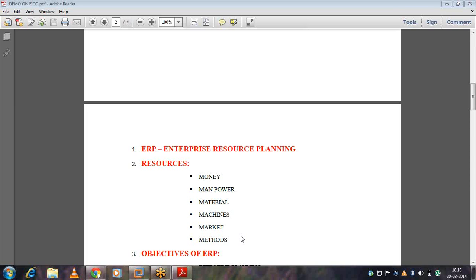Using ERPs, each and every organization can plan the resources effectively. Once the resources are planned effectively, the organization can make use of them effectively. Once used effectively, the organization can have higher profits. Once it has higher profits, it can declare more dividends to the shareholders, which will increase the wealth of the shareholders.